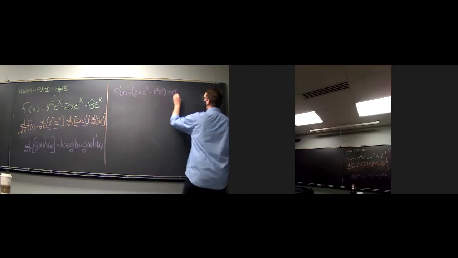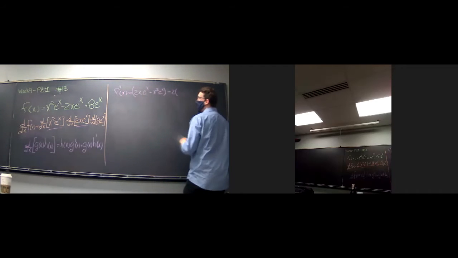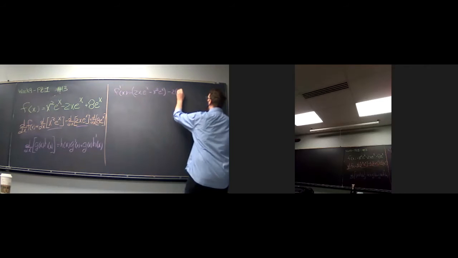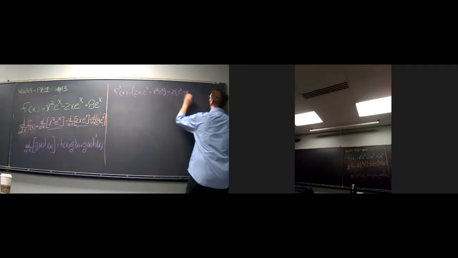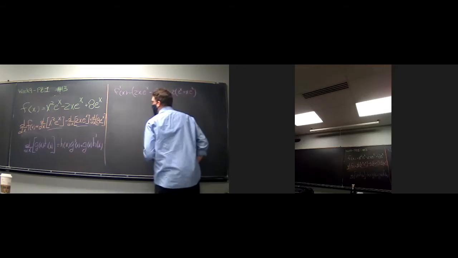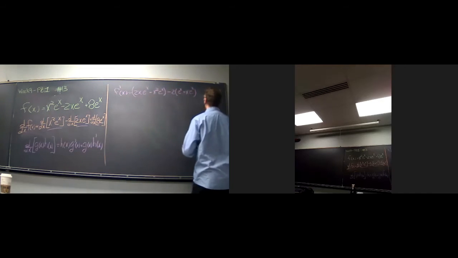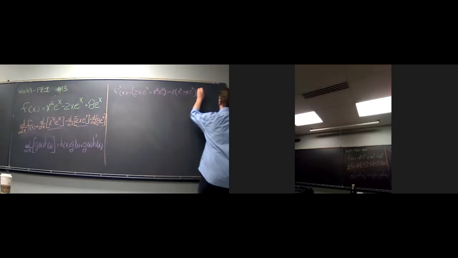Minus this thing, we can pull out the constant. The derivative of x is just 1 times e to the x, which is e to the x, plus x times the derivative of e to the x, which is just e to the x, plus the derivative of 8 times e to the x. We can pull out the 8. The derivative of e to the x is just e to the x.